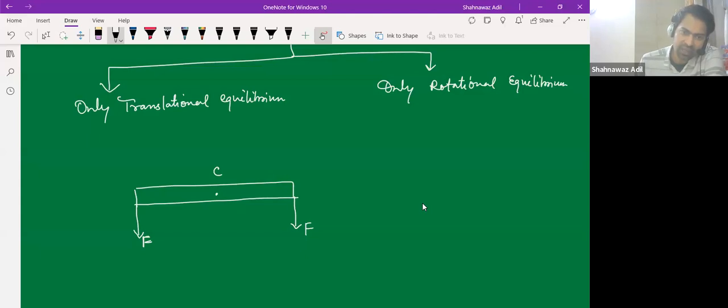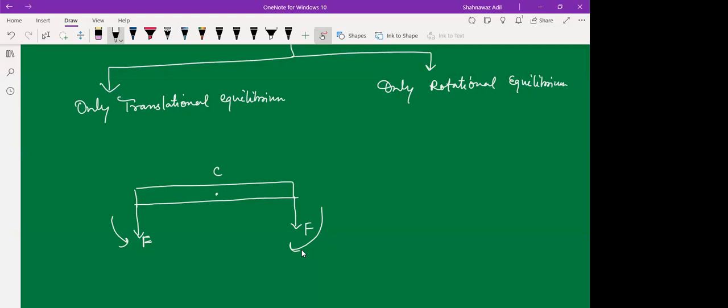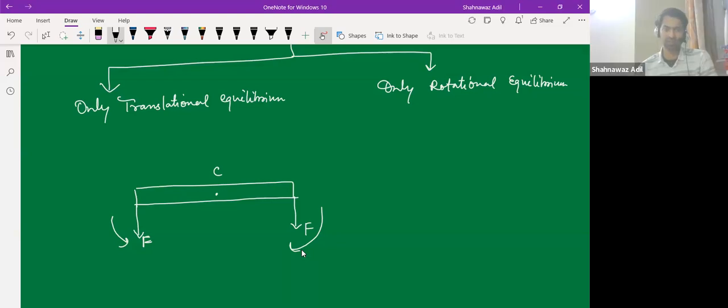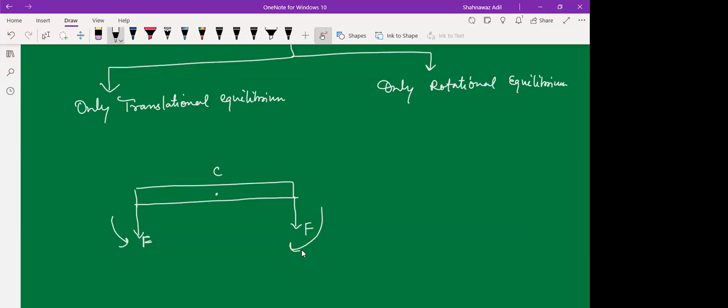So can you guys tell me what kind of equilibrium is that? What kind of equilibrium is this? Translation. So in translation, whatever is the upward force, that would be equal to the downward force. So do we have that condition? So it won't be equal to zero.